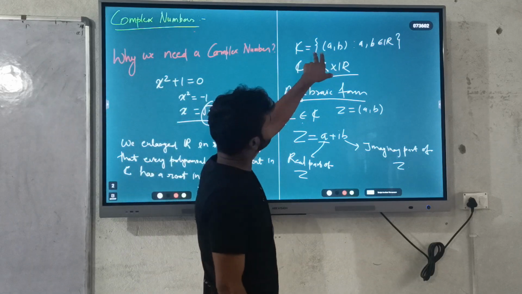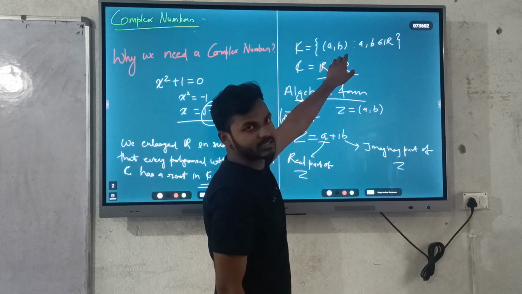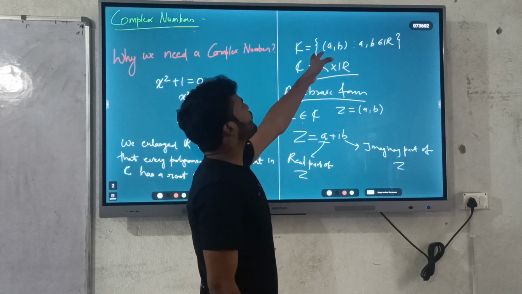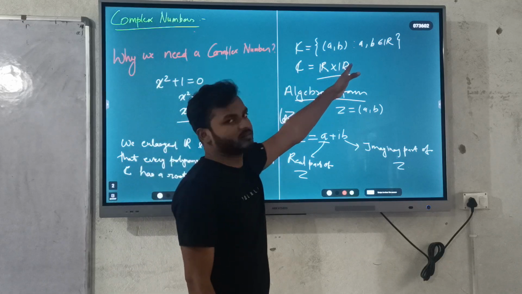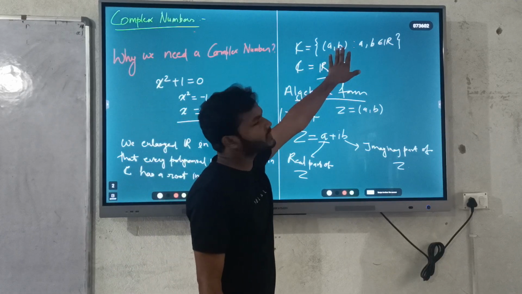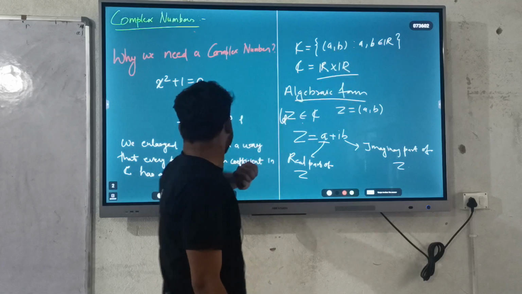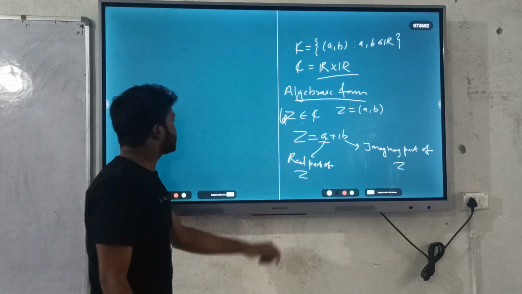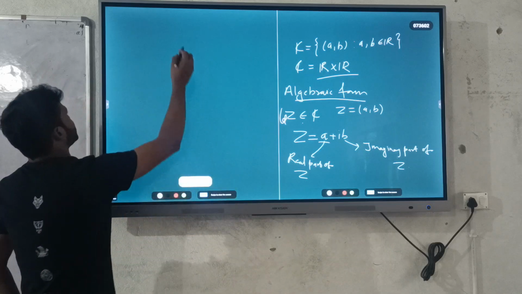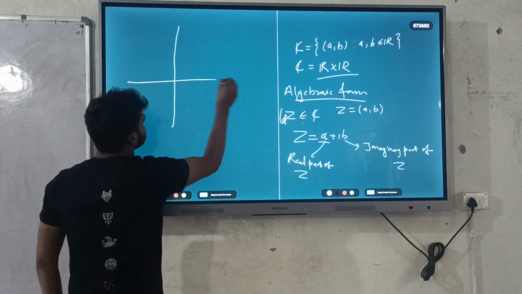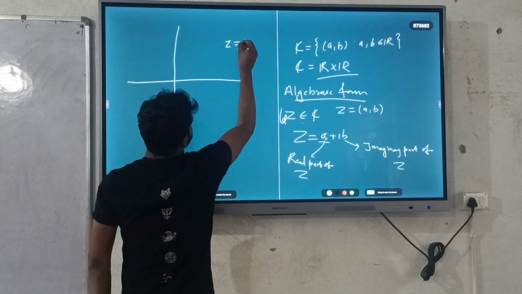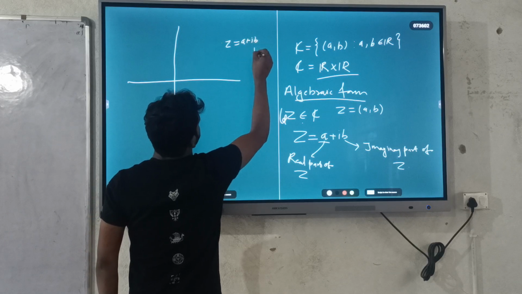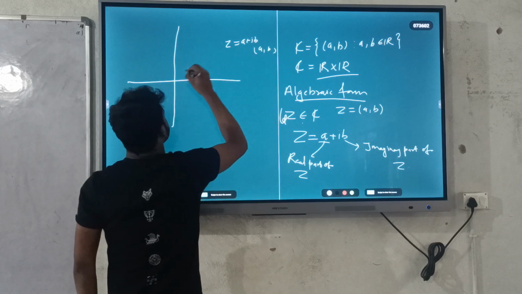First, this can be (a, b), that is R cross R. So we can think that C can be represented in a Cartesian plane because it can represent (a, b), that is a tuple (a, b). So if we want to represent a complex number in a Cartesian plane, this is a Cartesian plane and this is your z, that is a plus ib, or we can say (a, b).